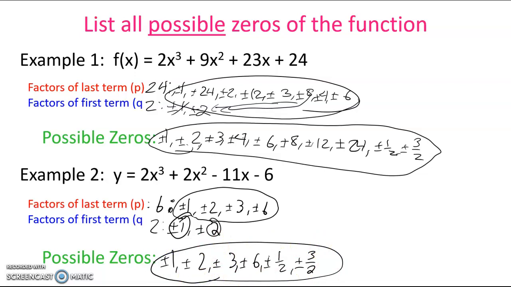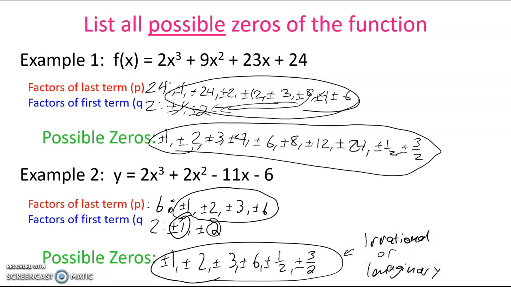Okay, so again, why do we do this? This essentially narrows our possible solution zeros down to basically these numbers. Now, that doesn't mean a zero can't be outside this list, but it would either have to be irrational or imaginary.